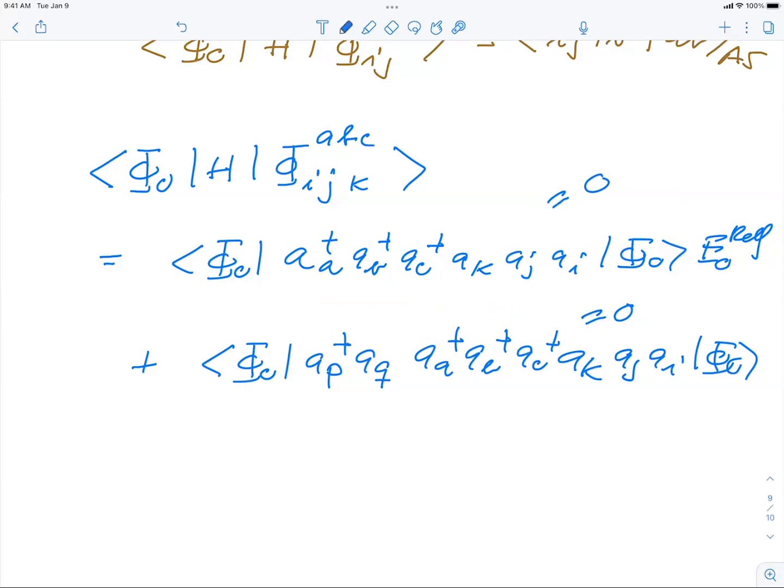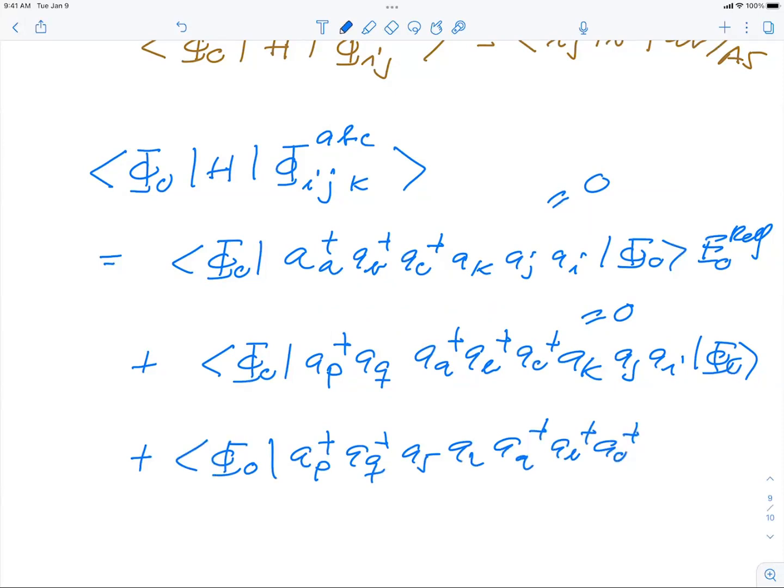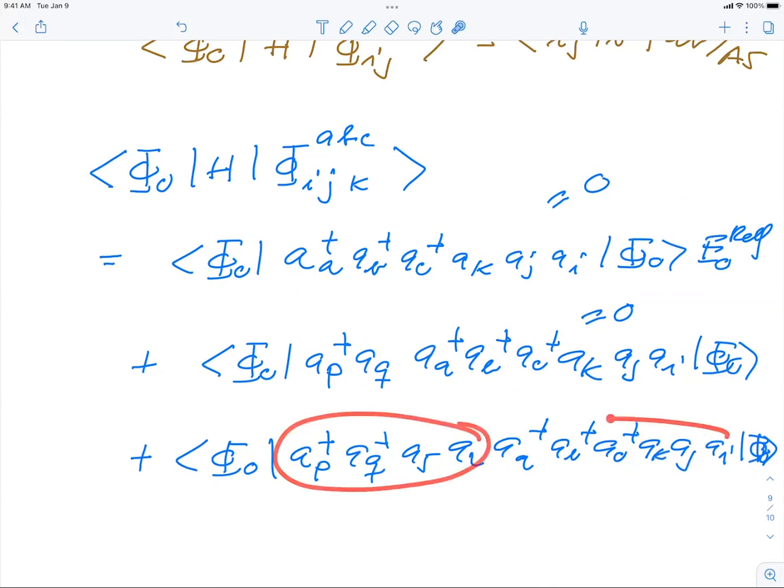So this means also that when you take the two-body operator, you would have an A P, A Q, A S, A R, and then you have this string of operators, A B, A C dagger, A K, A J, A I. And now you see that you also have a different number of creation and annihilation operators here and here.